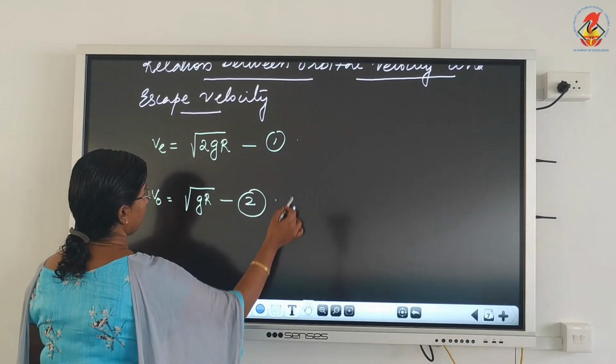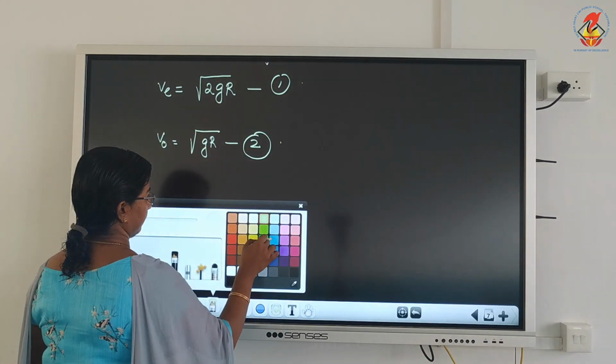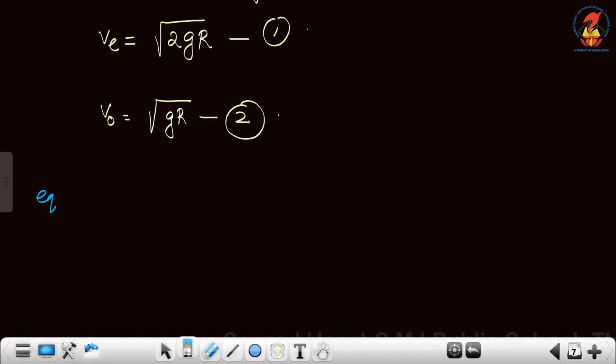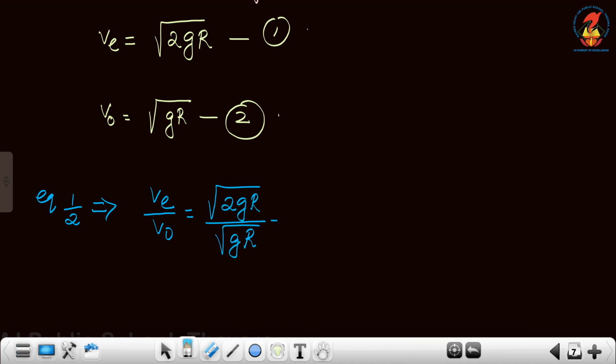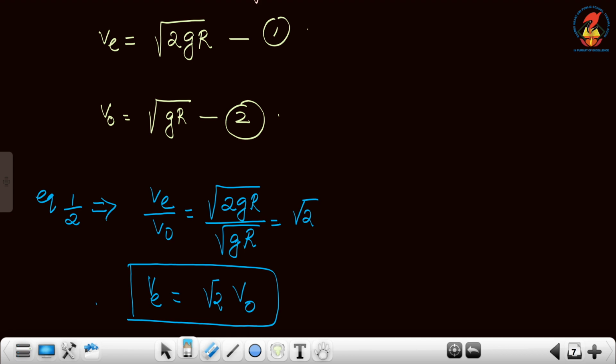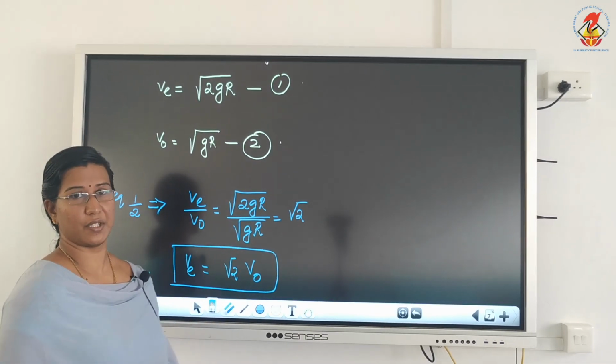So equation 1 by 2 gives vE by v0 is equal to root of 2gr divided by root of gr, which is root 2. This means escape velocity is root 2 times the orbital velocity of the satellite. I hope this much is clear to you. Thank you.